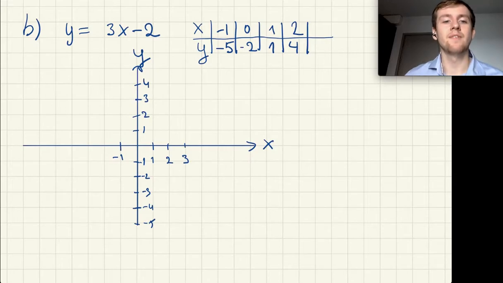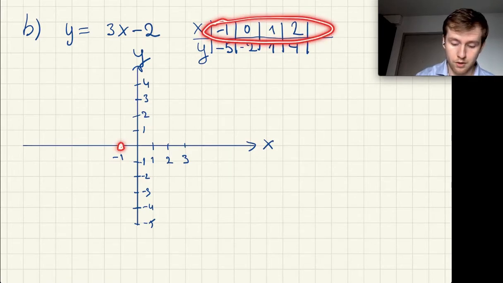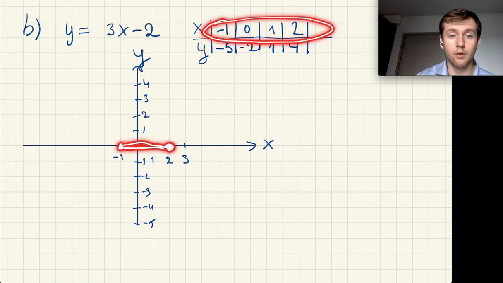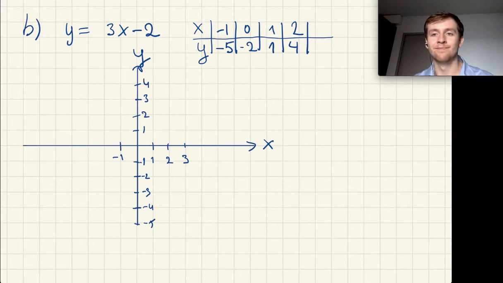Yeah, something like this. You see, I don't put a lot of labels for x because I know that our points are only in this range. So it's from -1 to 2, only here. But you can put more points to make it look nice if you have some extra time.